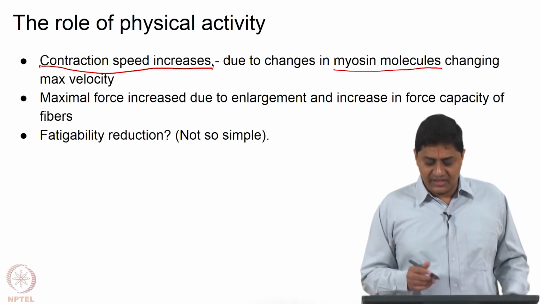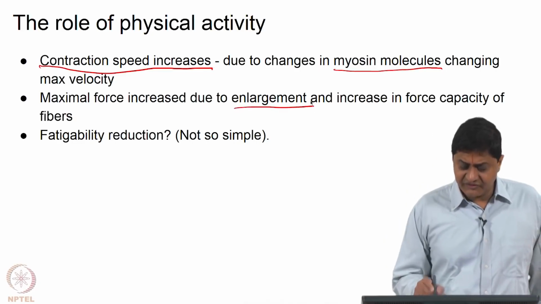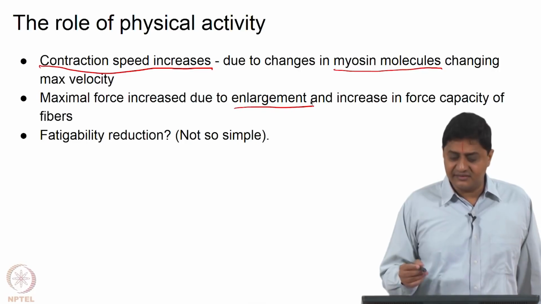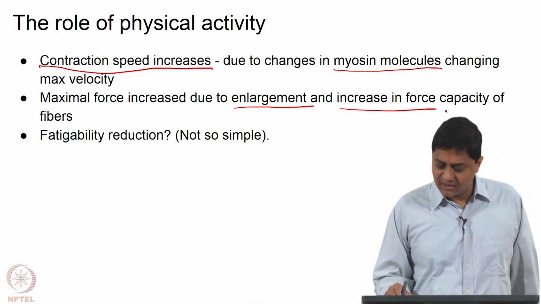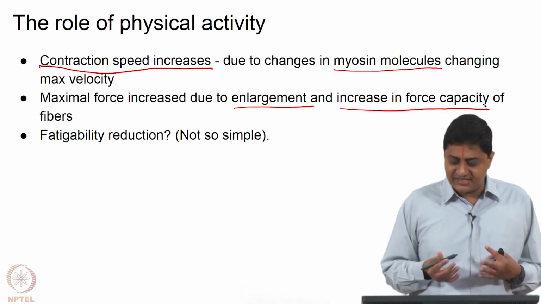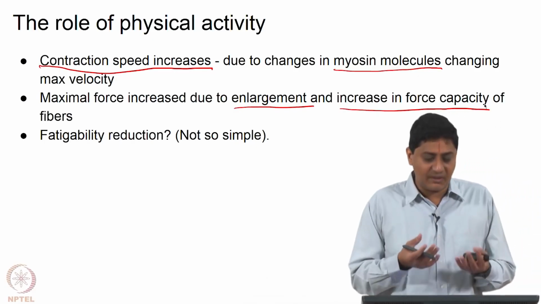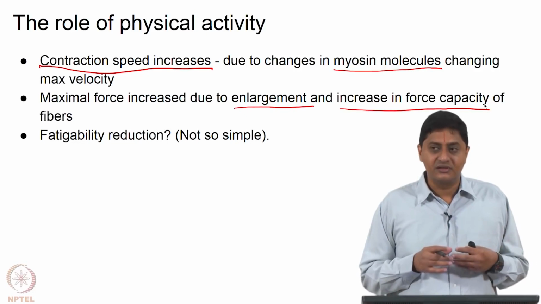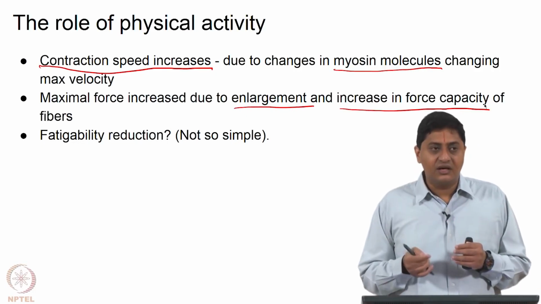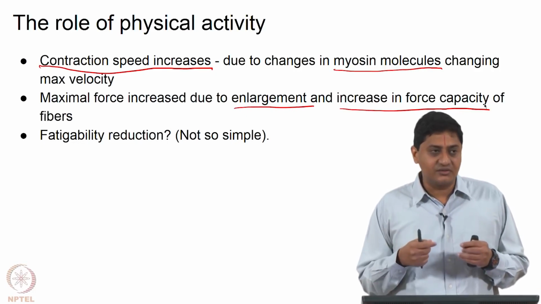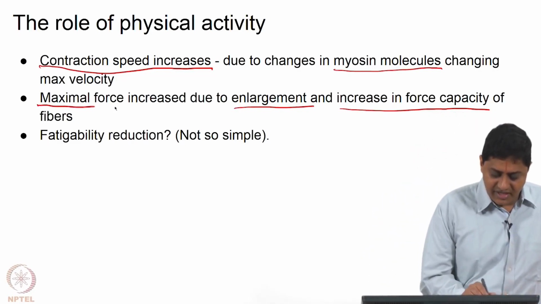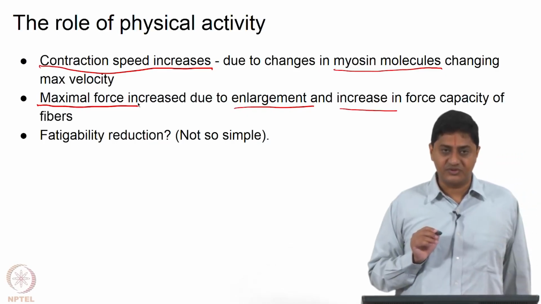Well, due to enlargement of the fiber. So, the fiber itself becomes bigger and concomitantly, simultaneously there is an increase in the force producing capability of these fibers. So, the fibers become bigger as in bulkier and also become stronger in terms of their ability to produce more force, causing an increase in the maximal force that can be produced.